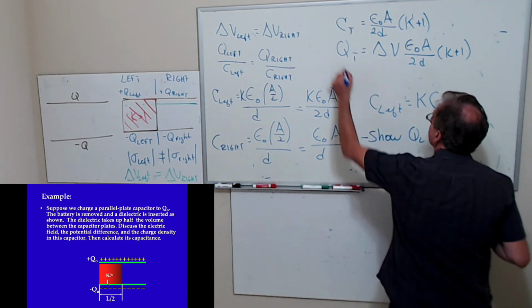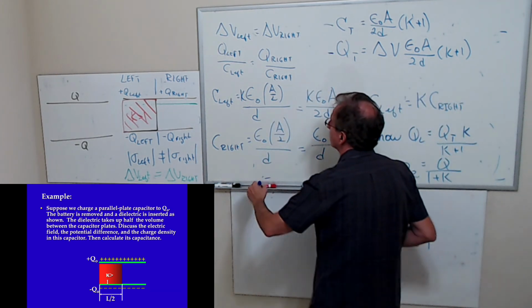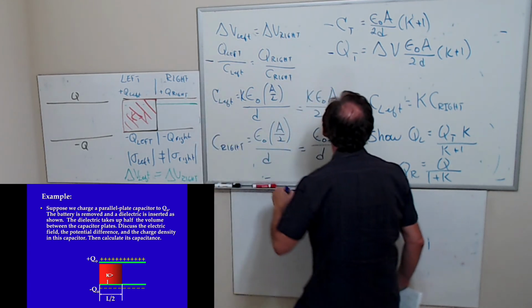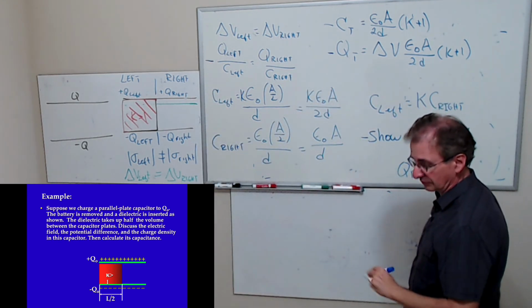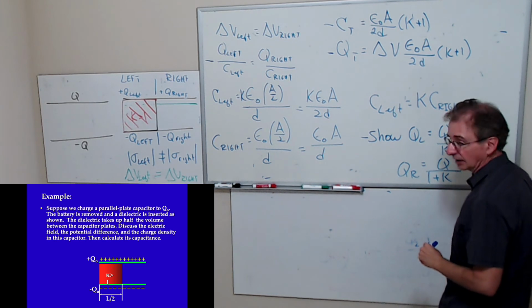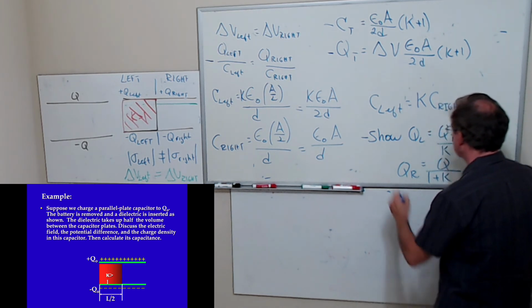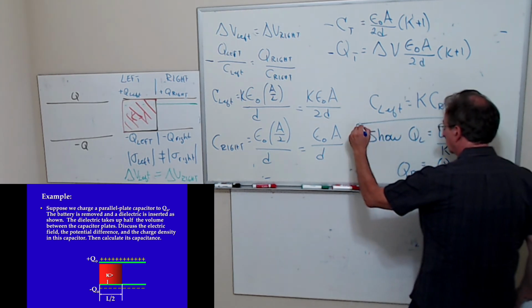So you can show this based on this information, and I don't want to take the time out to do it because I'm just getting late. Okay? So we can show that this is the case.